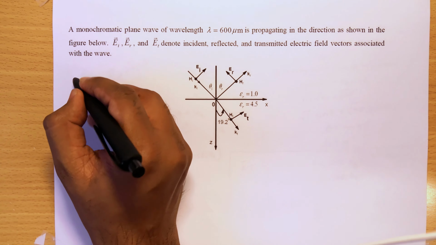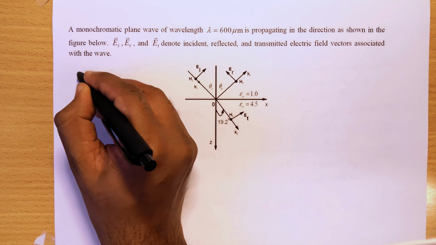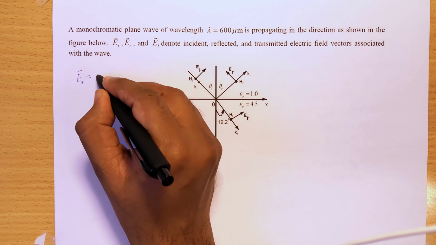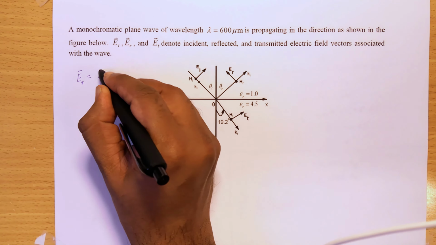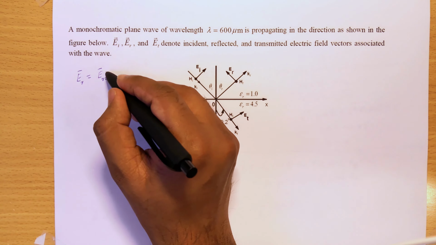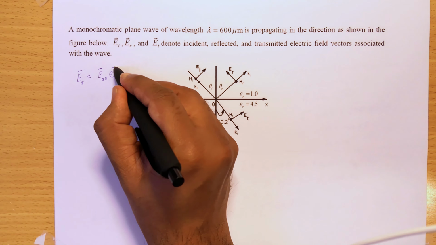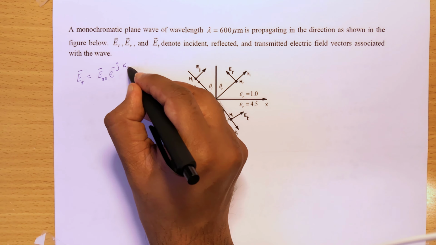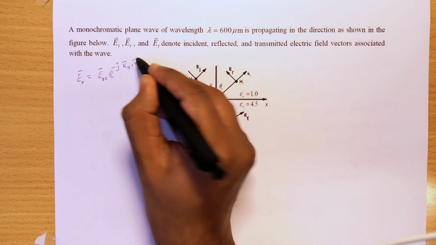The expression for ER, which is a vector, is given by, let's say, ER naught, an electric field vector, times e raised to minus j kr dot r.